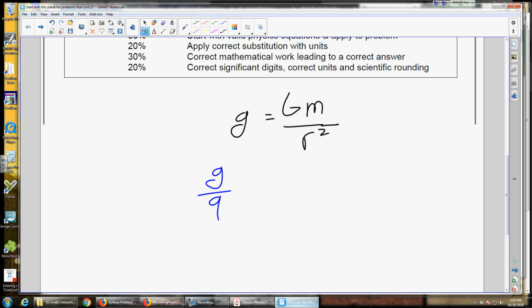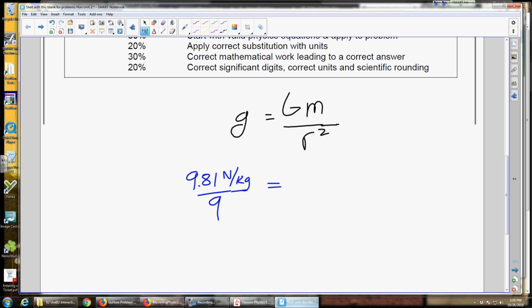Maybe I'll put that in. How do I know it's 9.81 newtons per kilogram? It's on the equation sheet. It's also on the wall. Yeah, because it's one we use all the time. Now, if you mathematically figure out a newton per kilogram, you can also break it down and write it as meters per second squared.